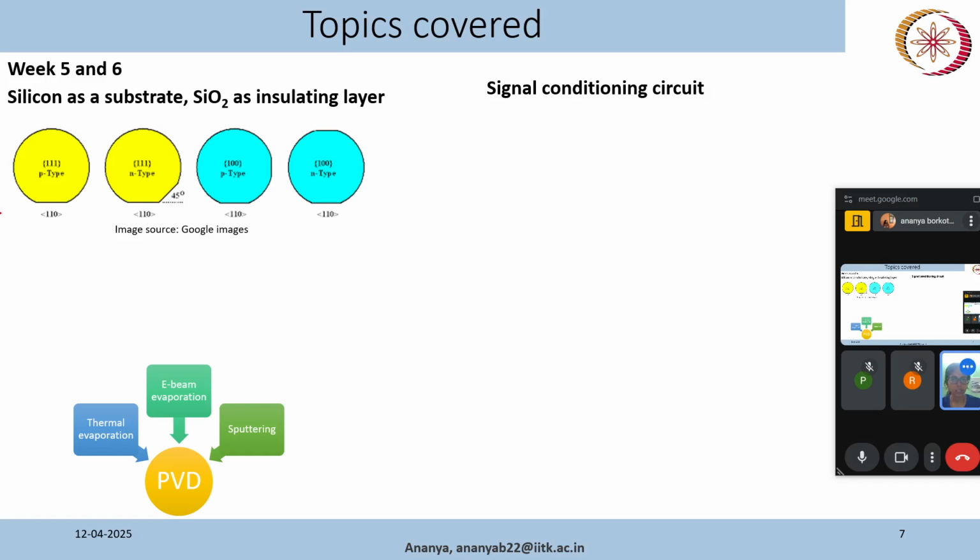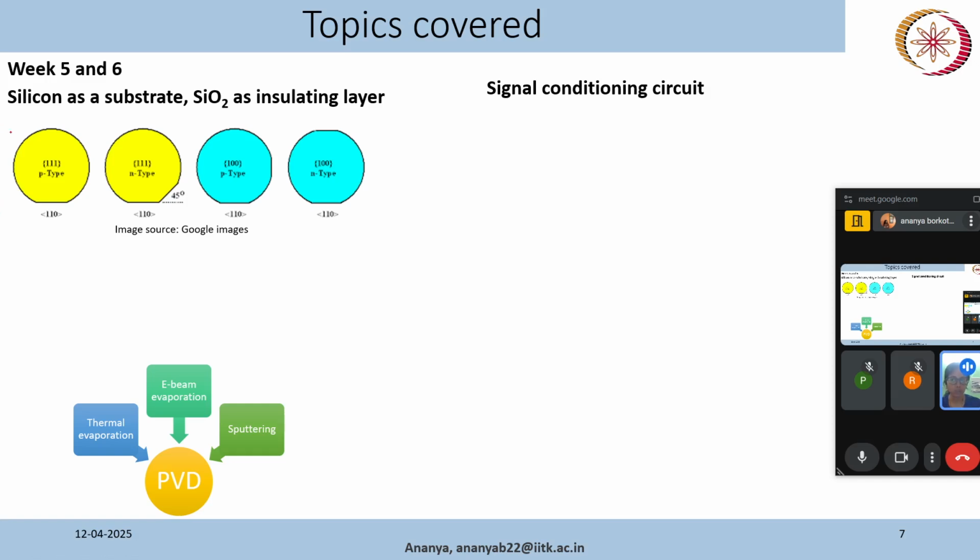I have discussed these two terms, growth and deposition. Deposition is when we deposit material from a target material on top of a substrate, whereas we grow the material from the substrate itself.